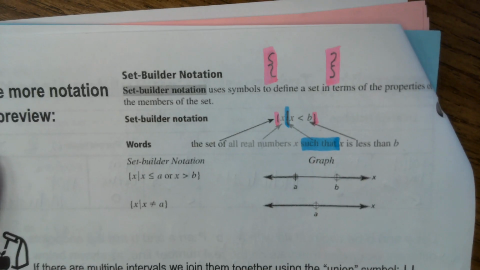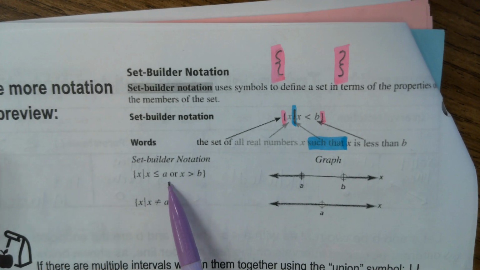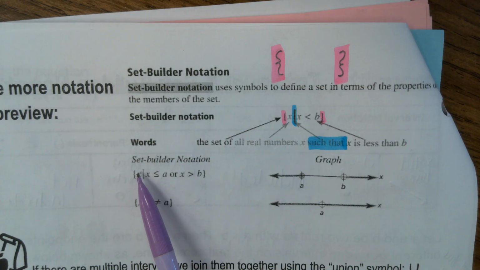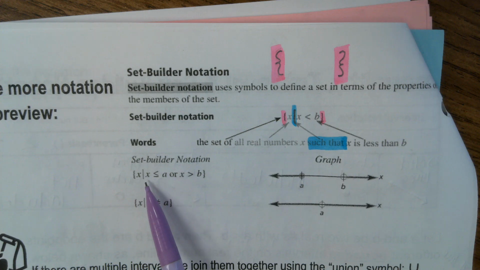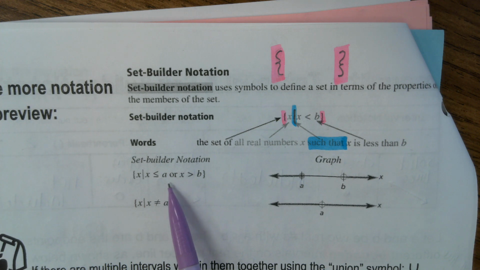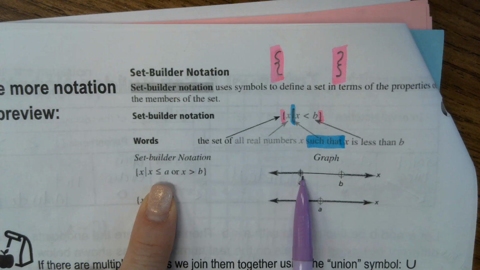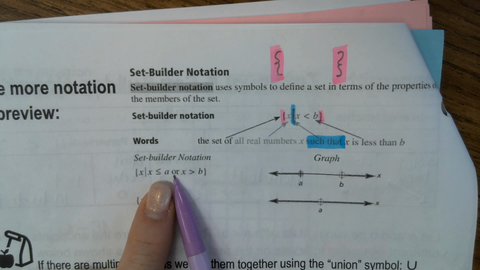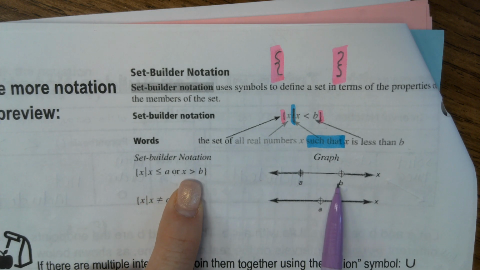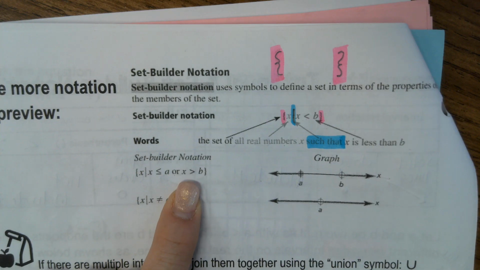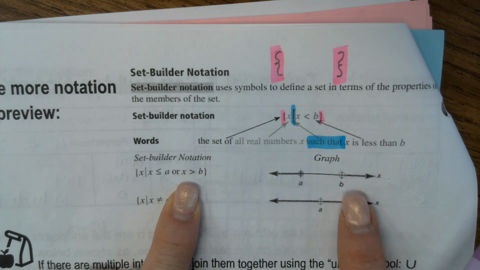So here's some other ways that we might see this. The set of all x values such that your x values are less than or equal to a, or your x values are greater than b. You might be given a graph that you have to write this out for.